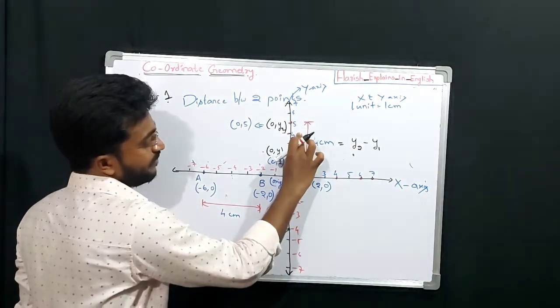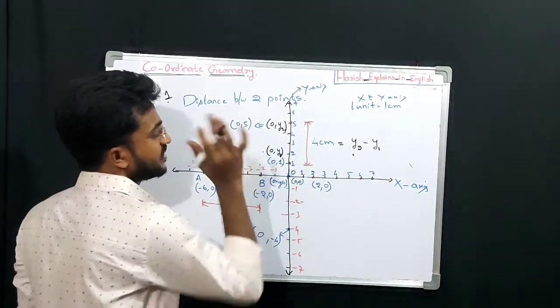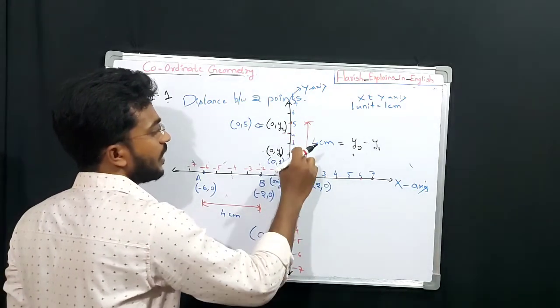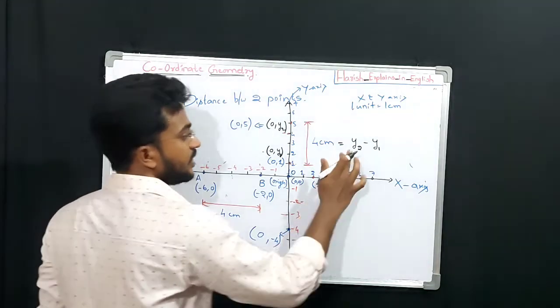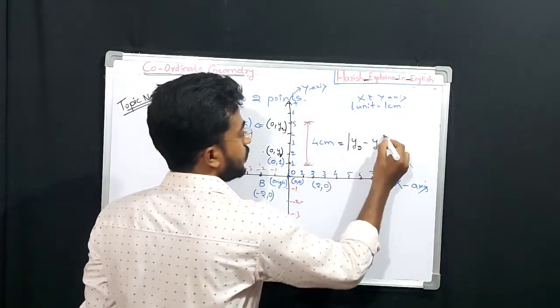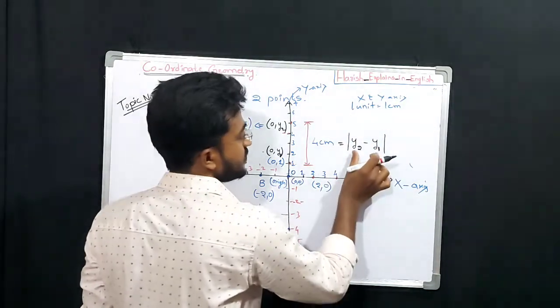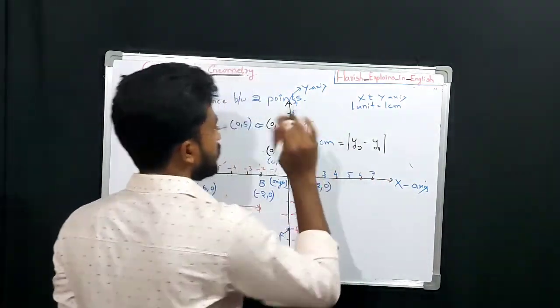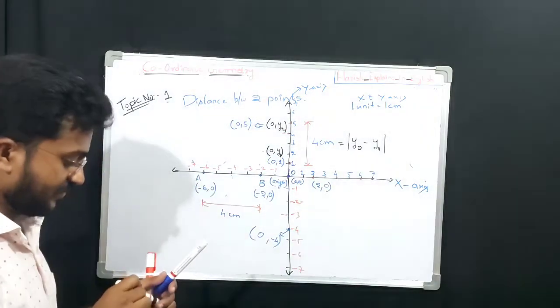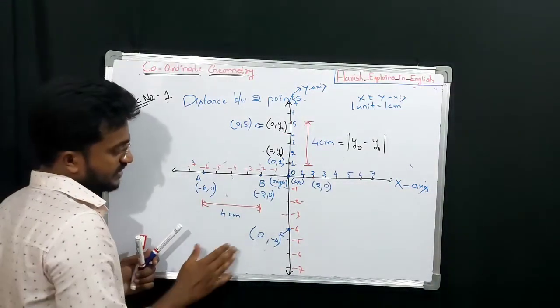Between 2 and 4, 1, 2, only 2 centimeters, right? You can take the y2 value as 4 and the y1 value as 2. 4 minus 2 is 2 centimeters. So verification done. But you have to take the modulus here. Modulus implies that whatever the values, if you get a negative value, we'll convert it into a positive value, because we are finding the distance.